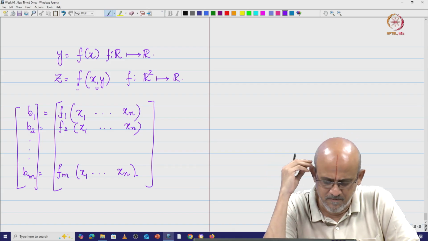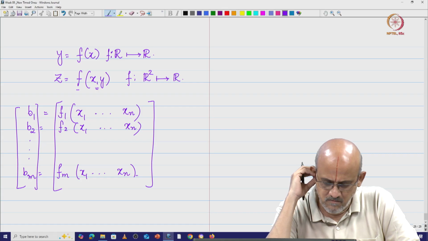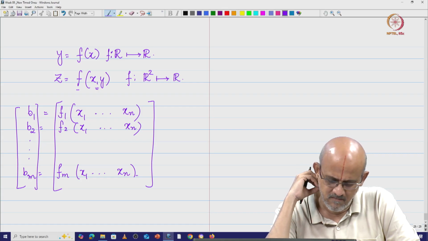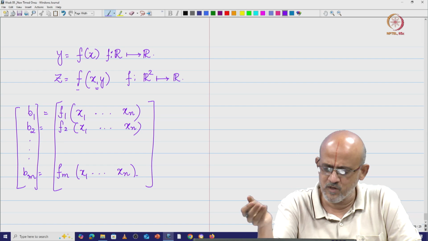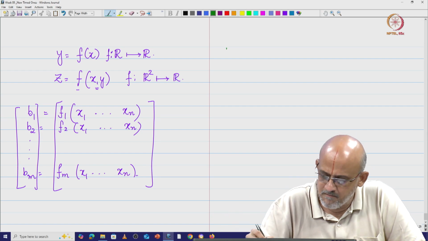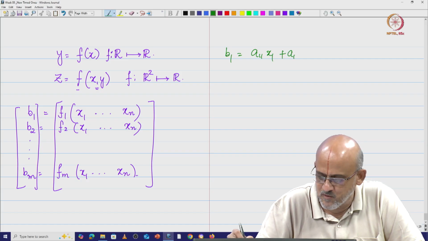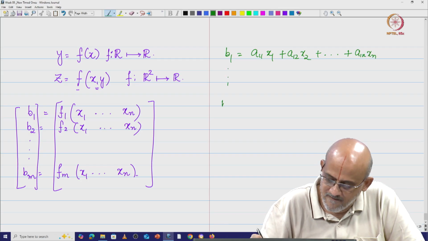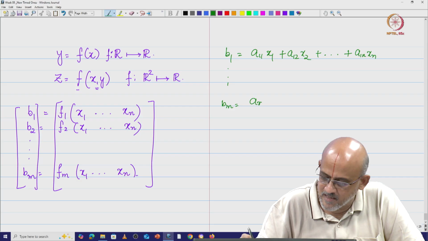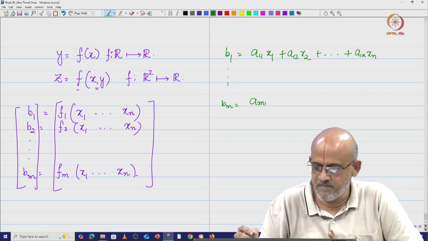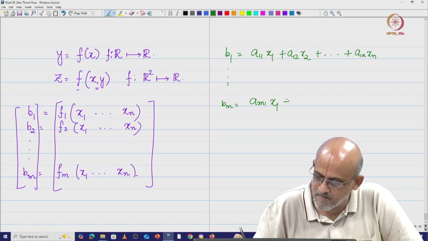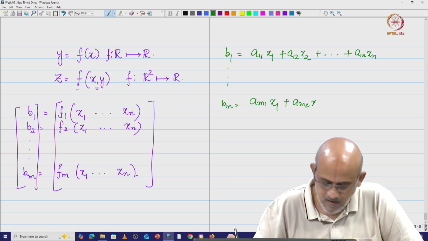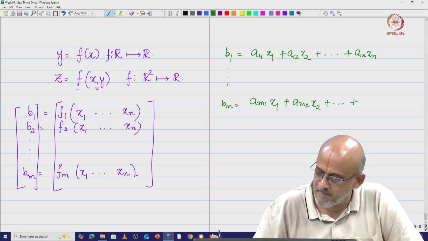Have we seen something like this before, where we have b1, b2, bm, f1 of x1 to xn? Of course we have seen this before. We have seen b1 is equal to, let us say, a11 x1 plus a12 x2, and so on up to a1n xn, and bm is equal to am1 x1 plus am2 x2 plus etc. plus amn xn.